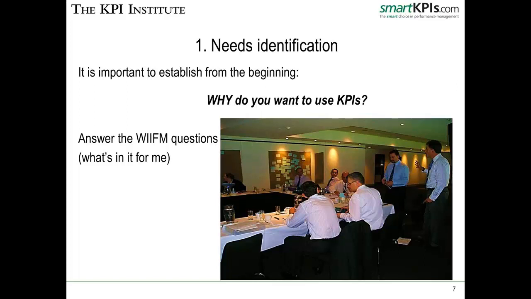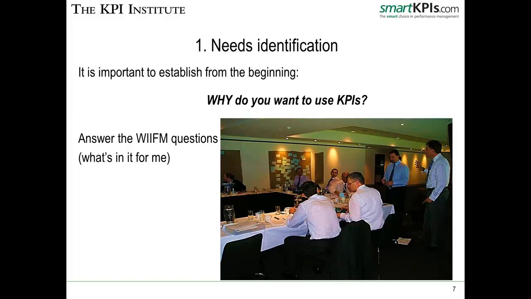First of all, needs identification. This is all about talking to stakeholders and identifying their expectations first, but also communicating these with other stakeholders, so that everybody is on the same page in terms of why are we implementing KPIs, what are we trying to achieve.